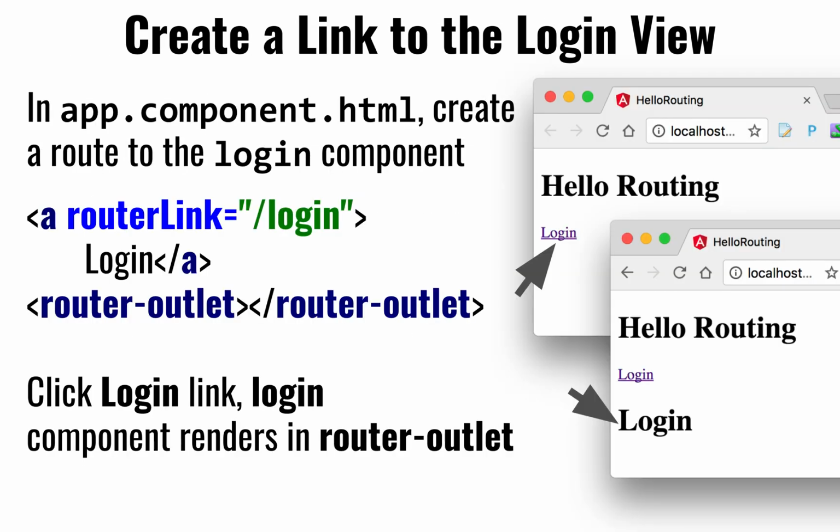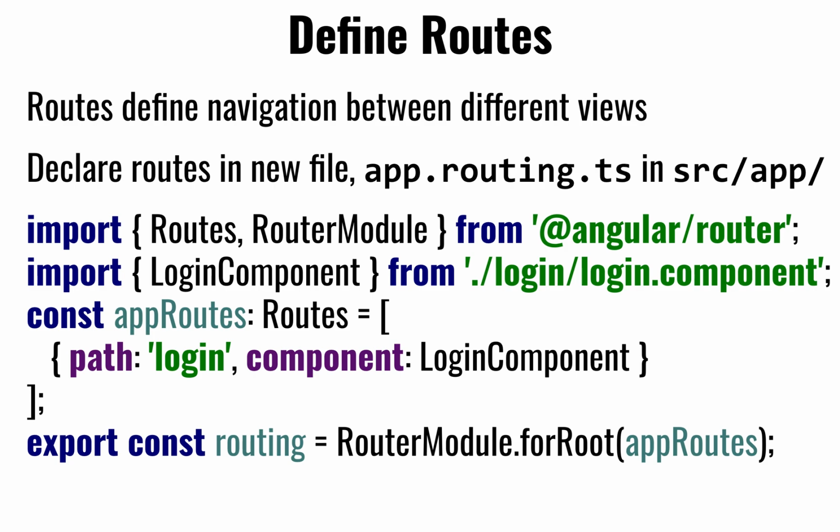So let's actually implement this. The other thing to introduce here is the router outlet. The router outlet says, this is where I want to render the component that this URL is mapped to. So if this says login, it maps to this route. If you say login, this is the component that will render if it sees that route. Where will it render?